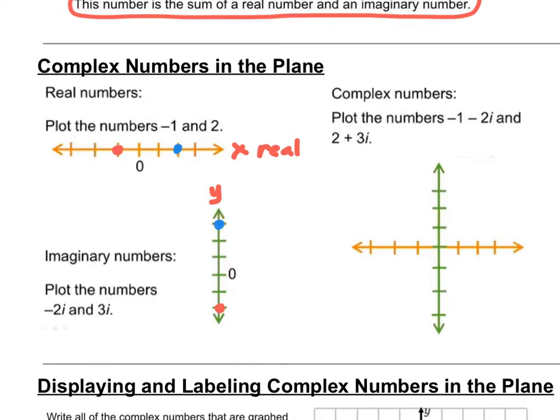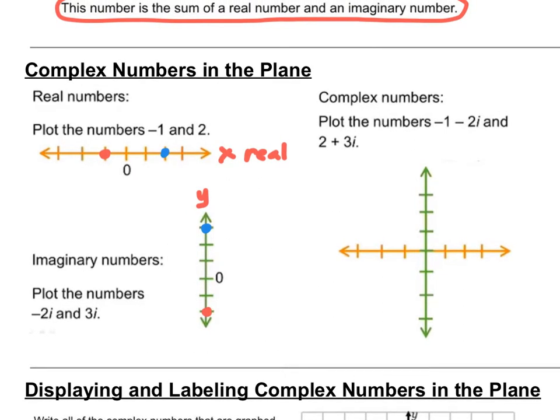So if we were to put these together, when you have the complex number negative 1 minus 2i, that's like having the point negative 1, negative 2, okay?